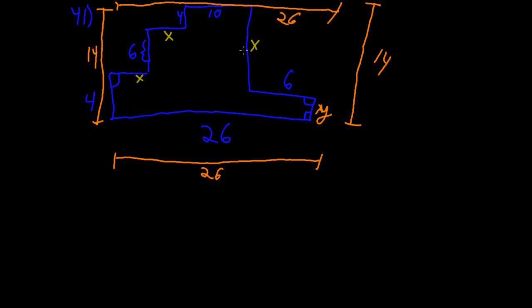So we don't necessarily even need to know these values, we just need the total value. So we have 14 plus 14, which is equal to 28, plus 26 plus 26, which is equal to 52. 52 plus 28 will be equal to 80. So the perimeter of this shape will be equal to 80.